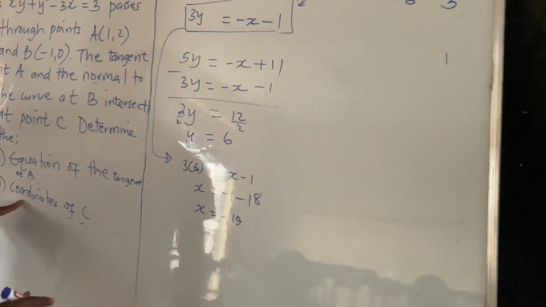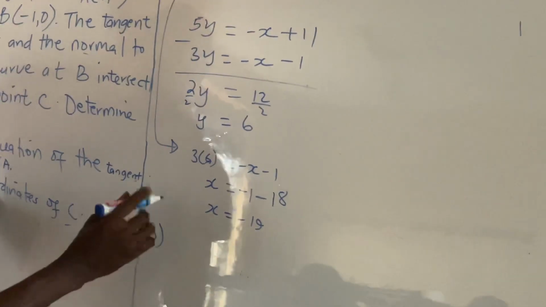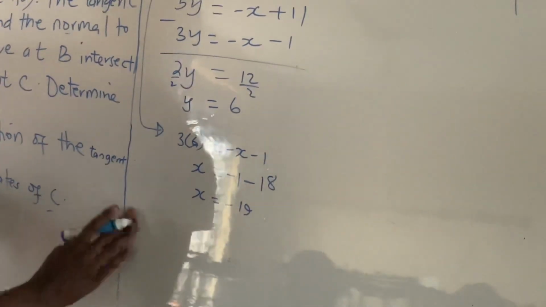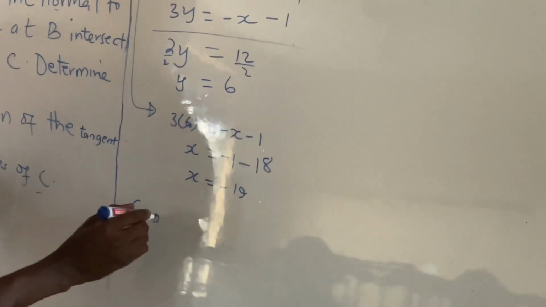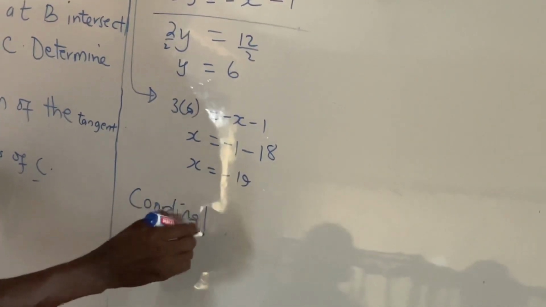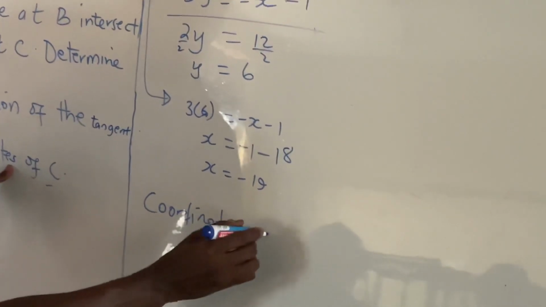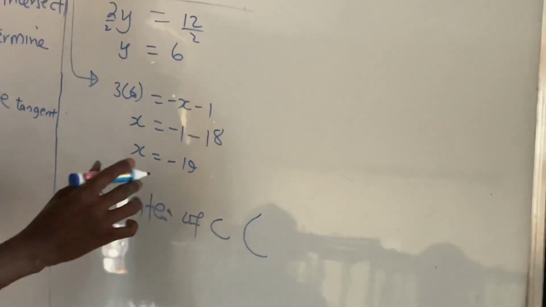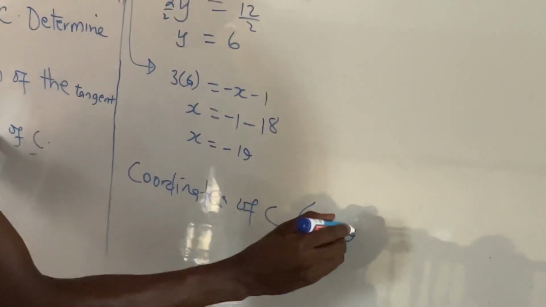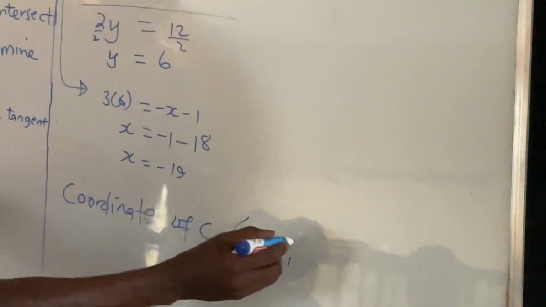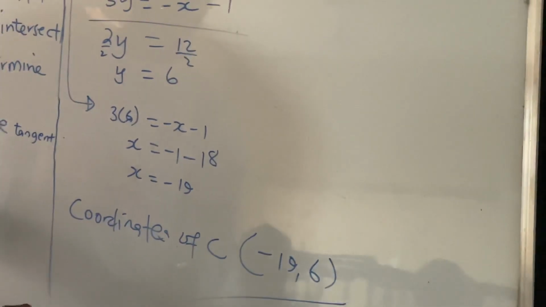So I conclude, that was part B, and I say the coordinates of C are negative 19 and 6.